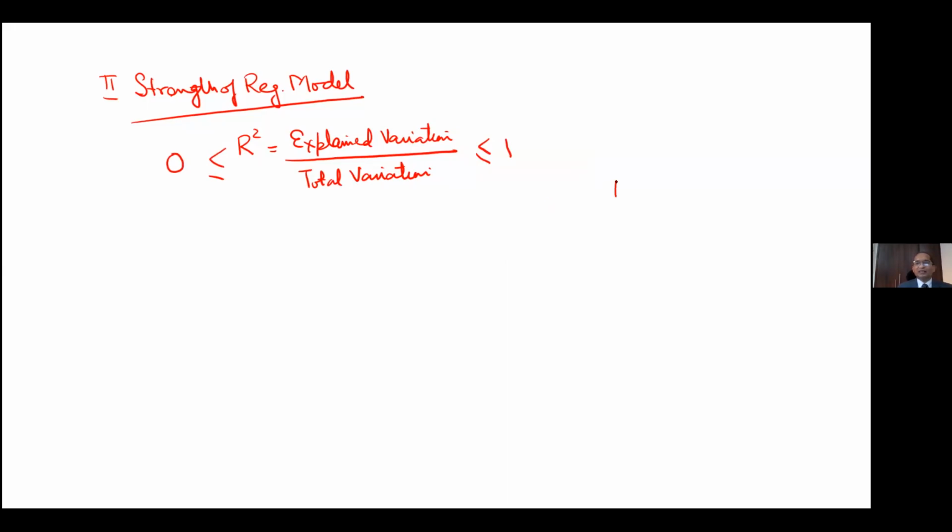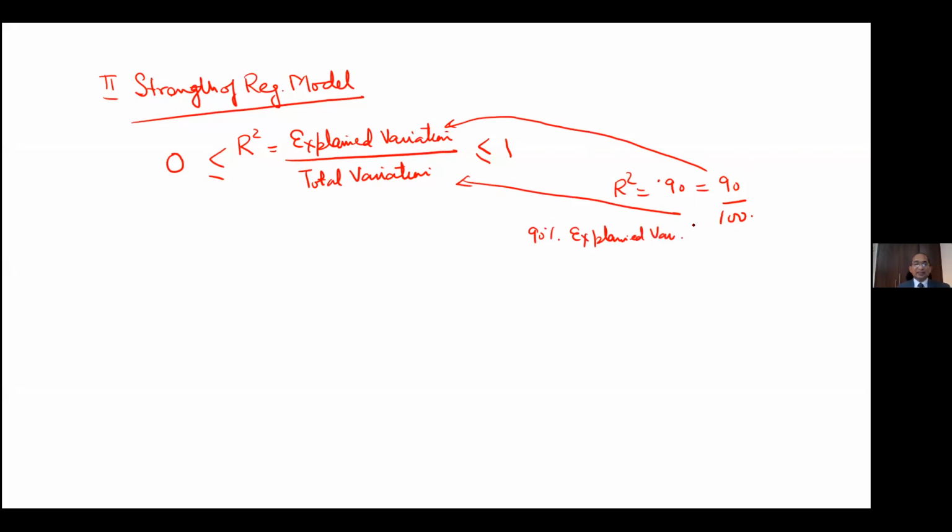Suppose I am taking an example. Suppose R square comes out to be 0.90. This 0.90 can be written as 90 upon 100. So if we compare this with the R square formula, here the total variation is 100. So out of 100, 90 is the explained variation. Means our model is able to generate 90% of the explained variation.